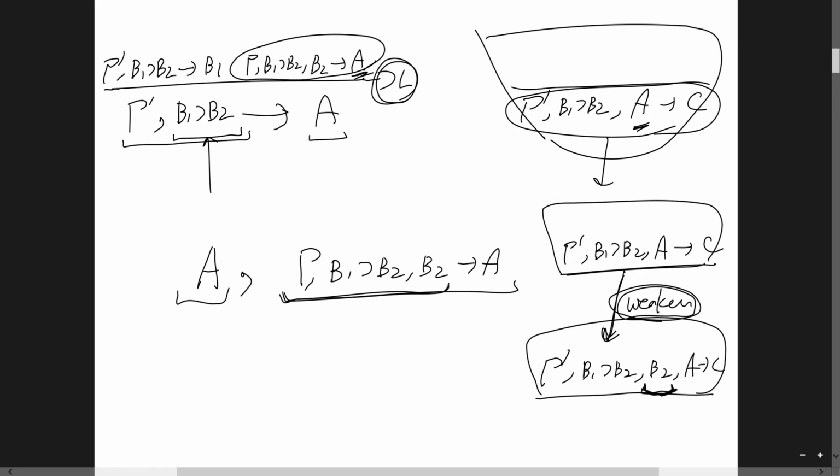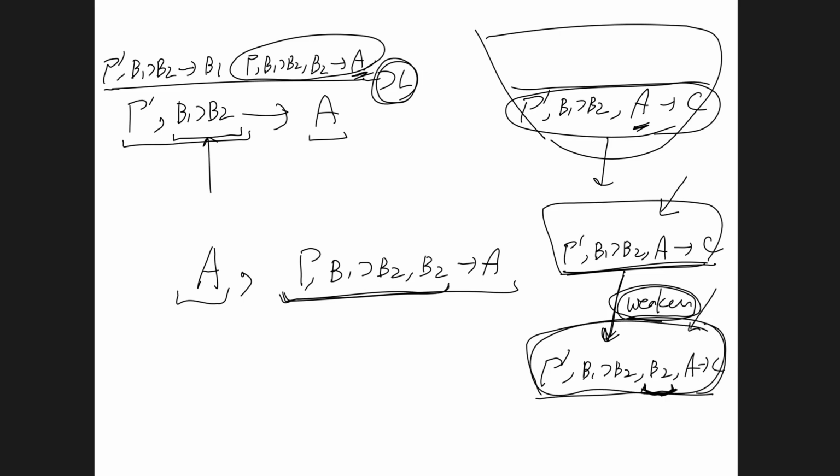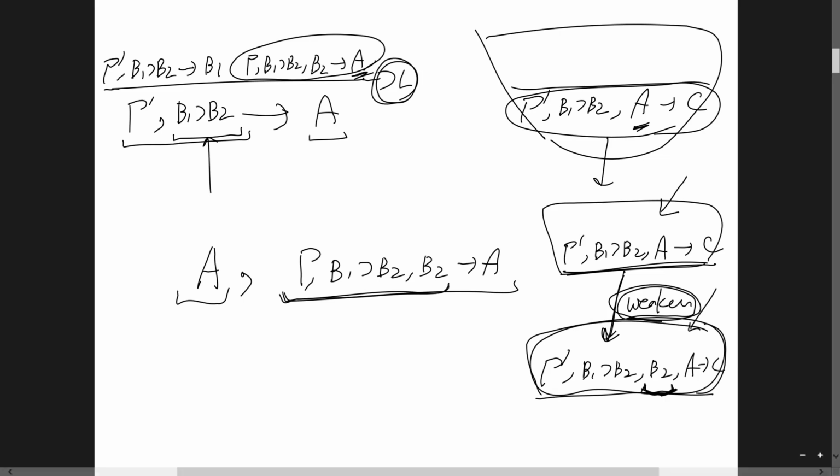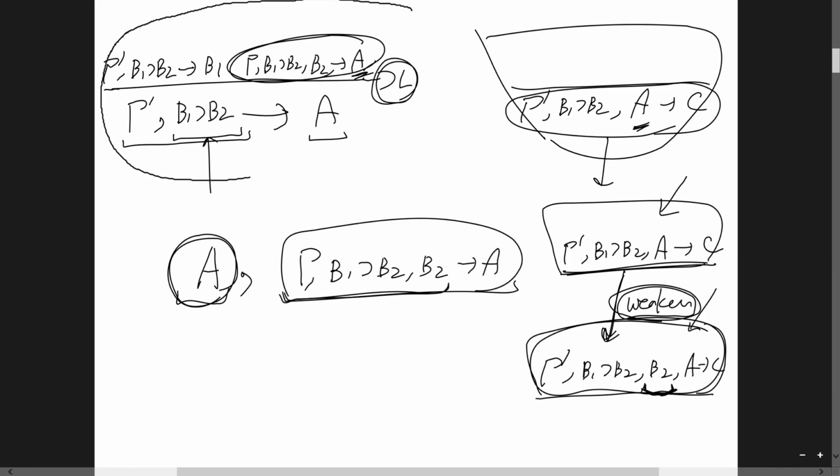So for example, if you measure the size of this proof, then the size of this proof is exactly the same. Now we can apply the induction hypothesis on the same cut formula. This is the same. But this proof is strictly smaller than the original proof.